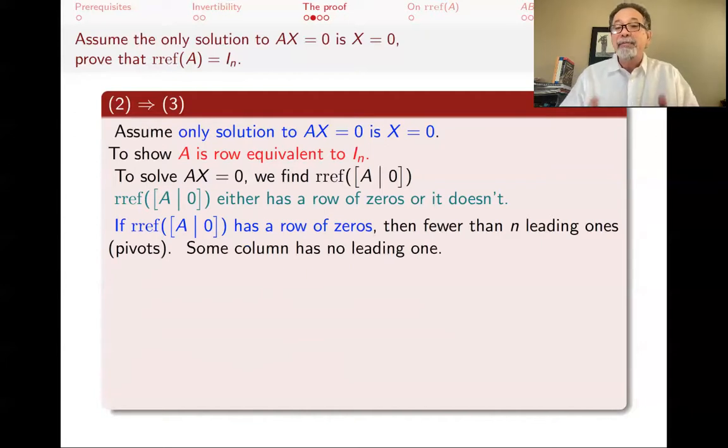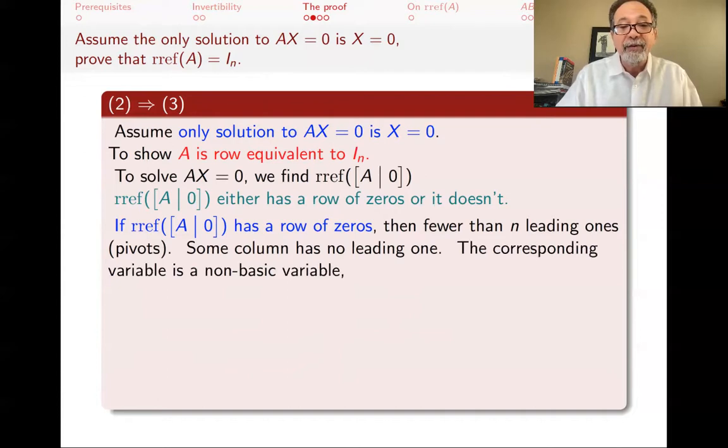But that means that some column doesn't have a leading one either, some column of A. I mean, the right-hand side never has a leading one, but the columns of A, there were n of them, and if there's fewer than n leading ones, there's not enough to go around. At least one of them does not have a leading one. So that means that the corresponding variable is a non-basic variable.